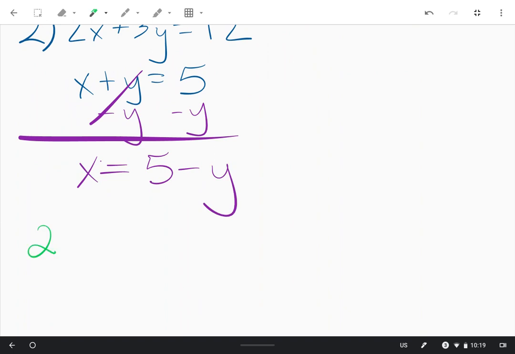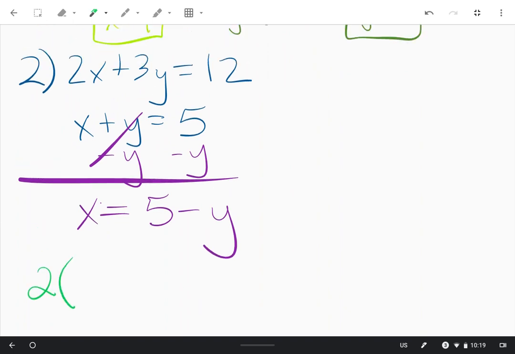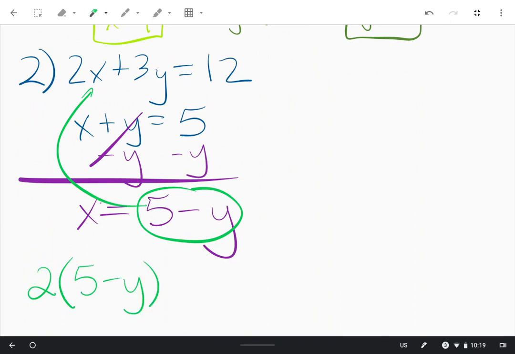So 2 parentheses, and since I'm replacing this with x, it's going to be 5 minus y plus 3y equals 12. So everything else about that equation stayed the same, except I replaced x with 5 minus y.